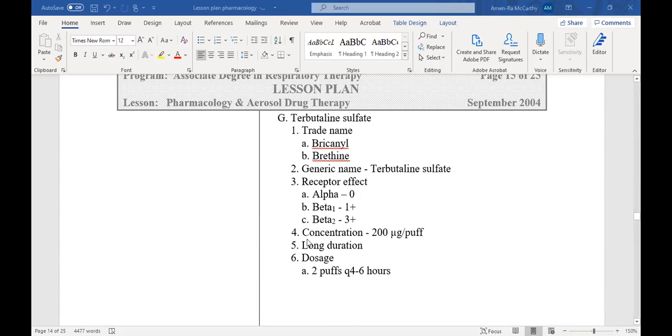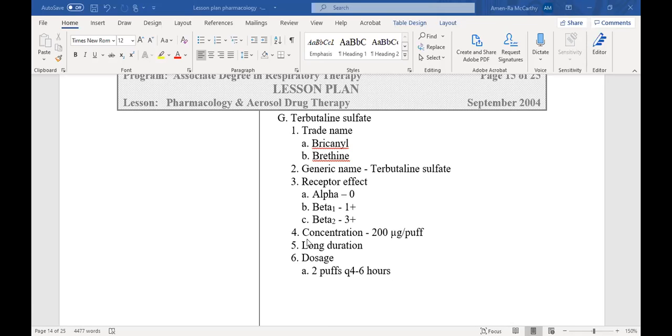Couple more. Terbutaline sulfate is another specific sympathomimetic drug, or adrenergic bronchodilator, from the list that you have to memorize. Terbutaline sulfate is the generic name for Bricanyl or Brethine, two trade names.